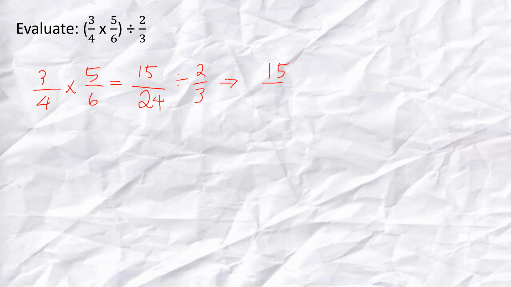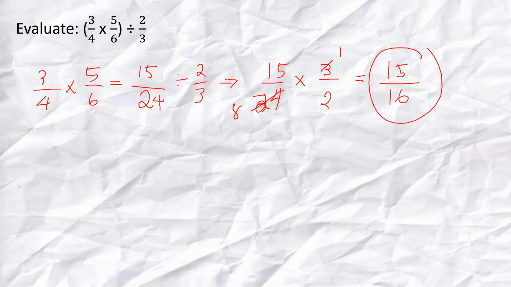So 15/24 times 3/2. We can do cross cancellation here by dividing by 3. So 24 divided by 3 is 8. 3 divided by 3 is 1. So 15 times 1 is 15. 8 times 2 is 16. So the final answer now is 15 over 16.